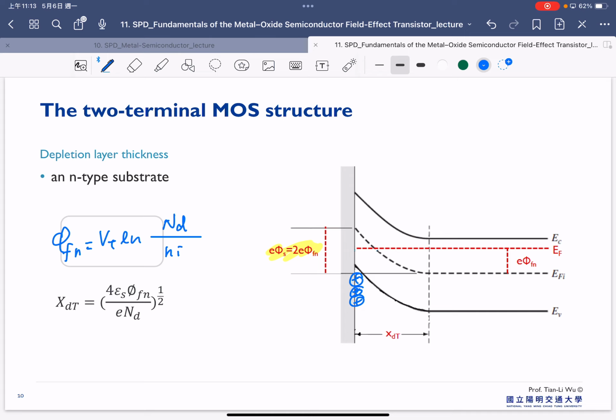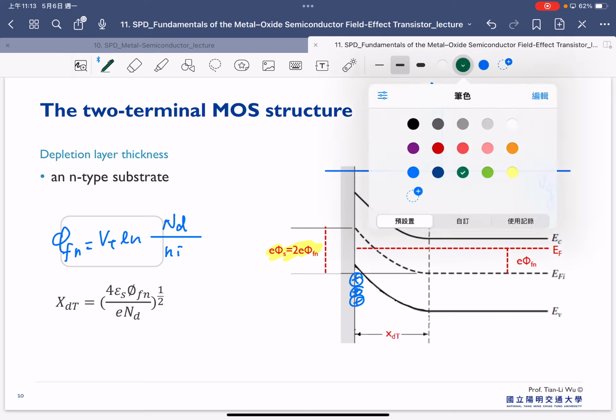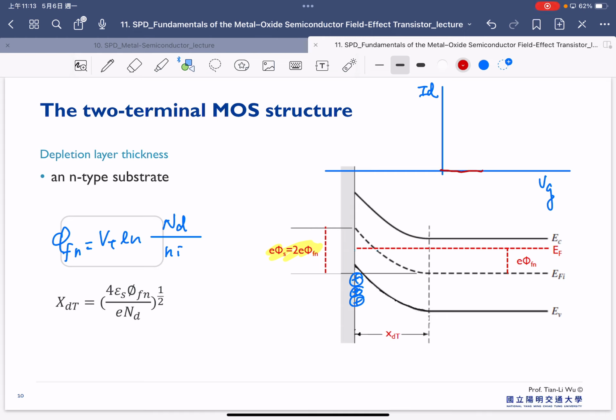So in the previous case, if you look at the IV curve here, once VG is larger than VTH, on the right-hand side we have the current, and that's because we have the electron inversion.